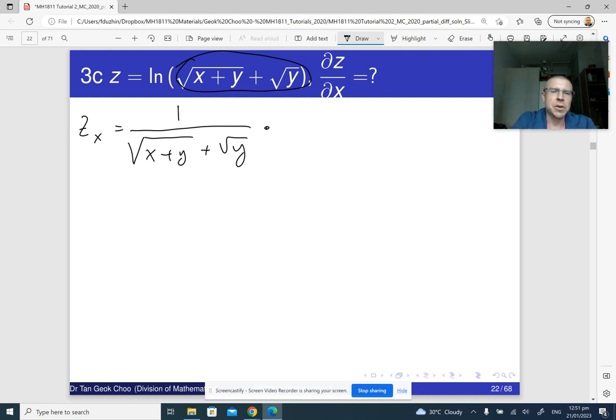We've got a square root, so it's 1 over 2 square root of x plus y, and then the derivative of x plus y with respect to x is just 1 because y does not depend on x. We also have the square root of y. Its derivative is 0 because it's not x, and that's basically the answer.